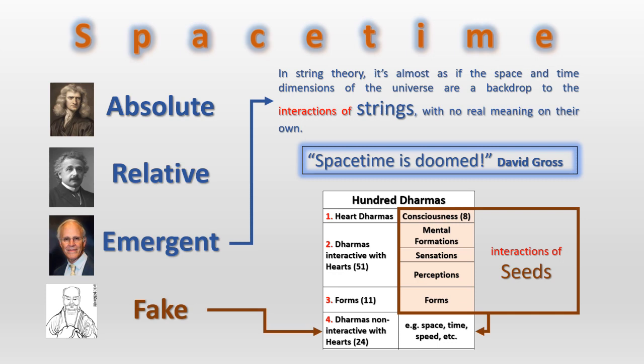In string theory, it's almost as if the space and time dimensions of the universe are a backdrop to the interactions of strings, with no real meaning on their own. String theorists have caught up in the understanding of what space-time is. So, as David Gross likes to say, space-time is doomed.